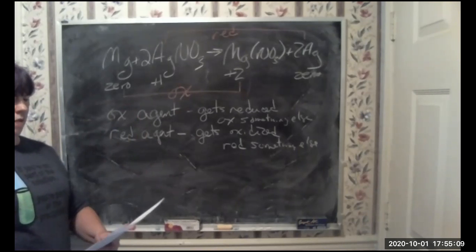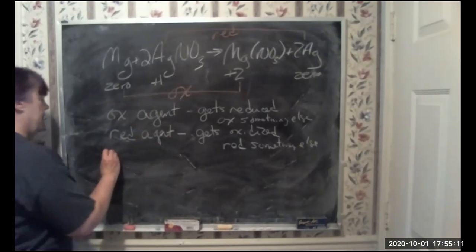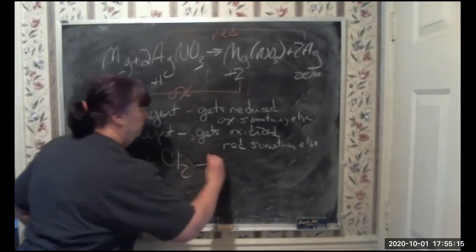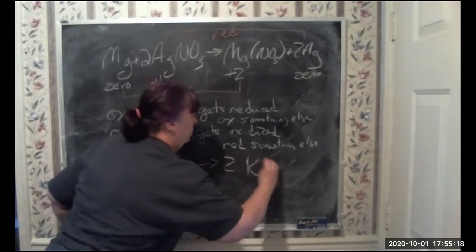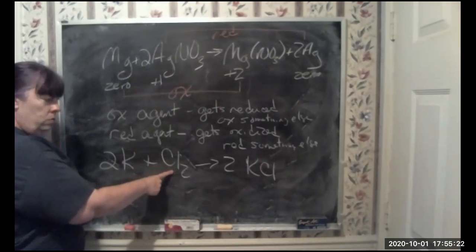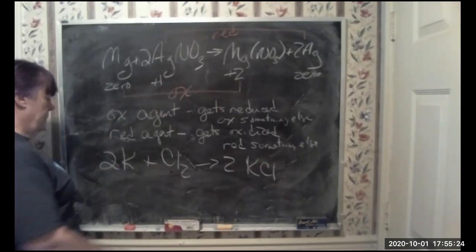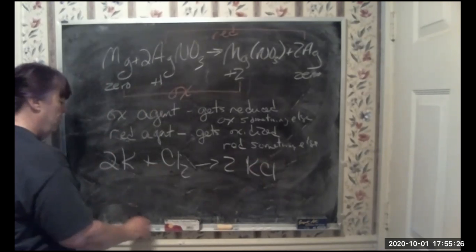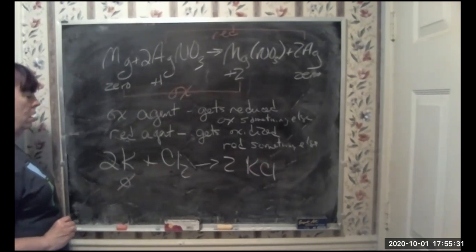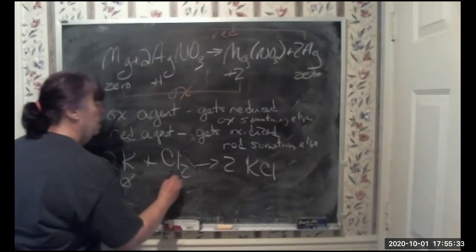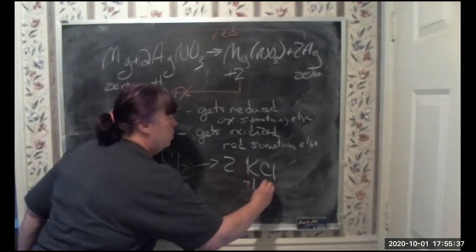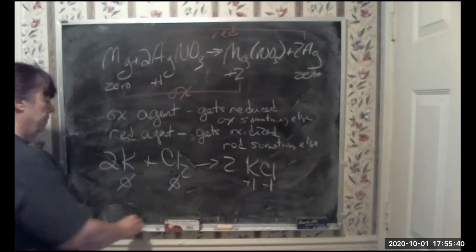So let's see, which is the one that I picked on for this one? Oh, potassium and chlorine. All right, metal, non-metal, fairly typical in the way they perform. We've got, let me just put a hash through it, a 0 for the potassium, a 0 for the chlorine, +1 and -1.